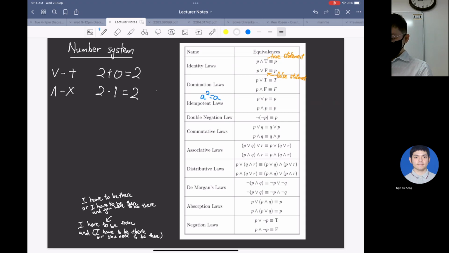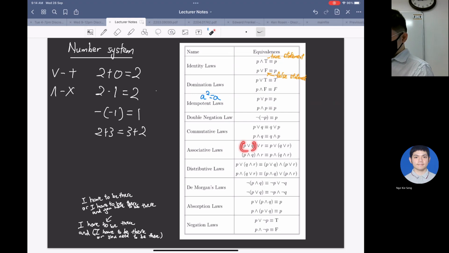This should also be familiar to you, like minus minus 1 is 1. Then commutative laws, like 2 plus 3 equals 3 plus 2.